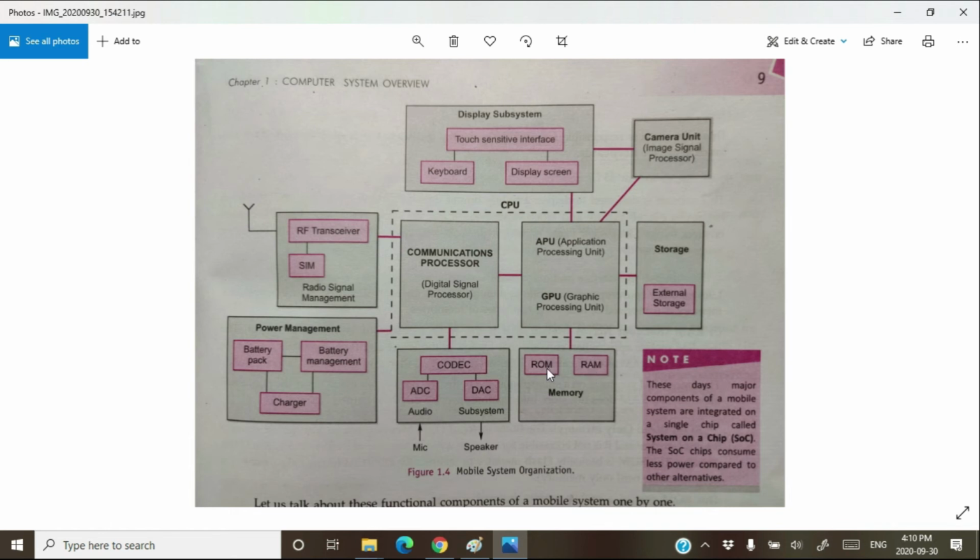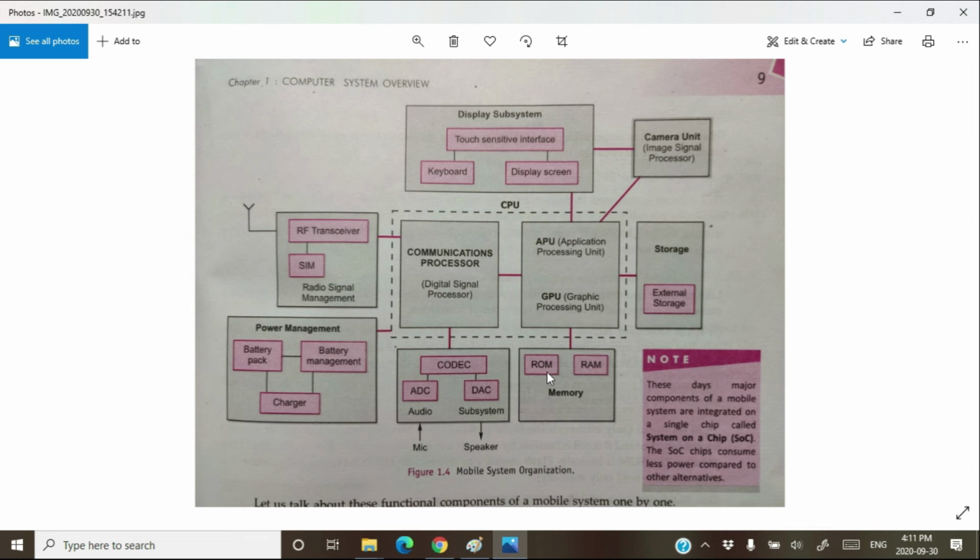But here, in the case of the mobile, the ROM is a part of the mobile system's internal storage, and the operating system resides on the ROM. That part of the ROM where the operating system resides is not accessible by the users. That's why that part of the internal storage is called the ROM, because the parts where the operating system and the management of the system reside are not accessible by the user.